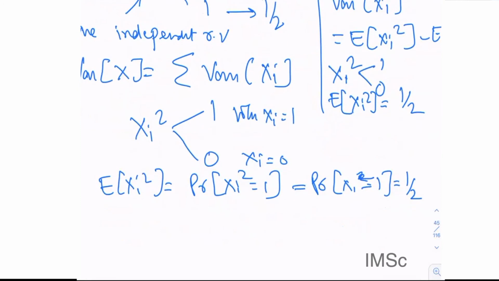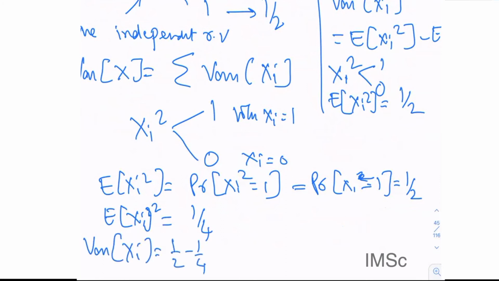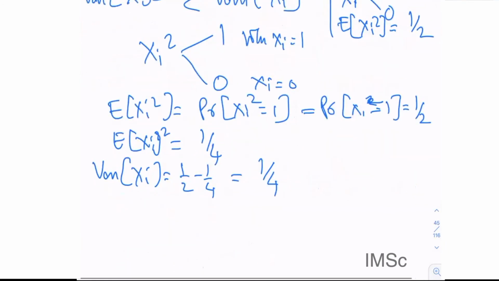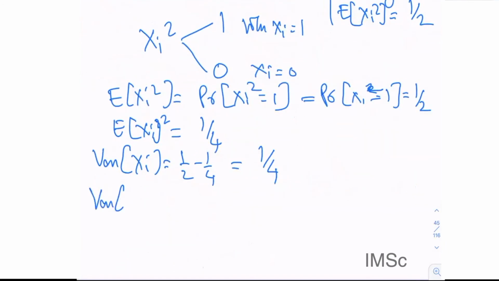Now what is the expectation of xi, whole square? Well, this is 1/4. So the variance of xi is half minus 1/4, which is 1/4. That implies the variance of x, which is the summation of the variances of xi, is equal to n over 4.